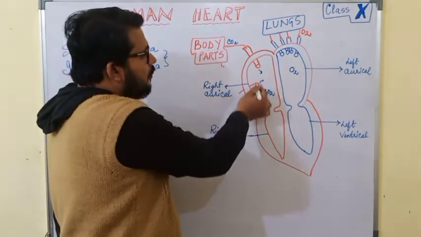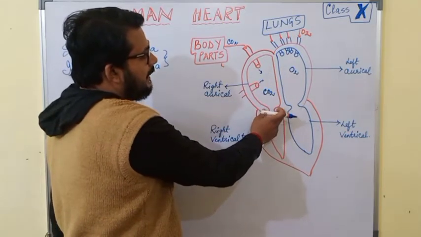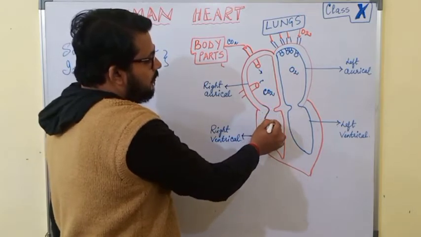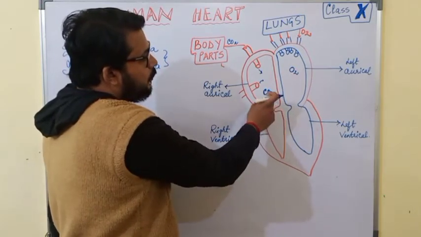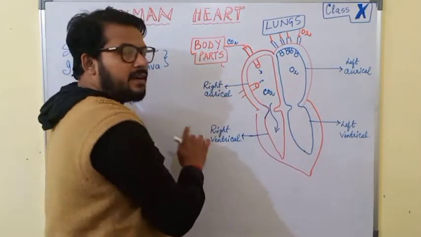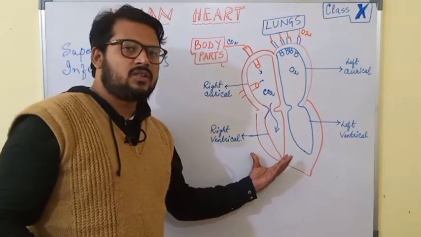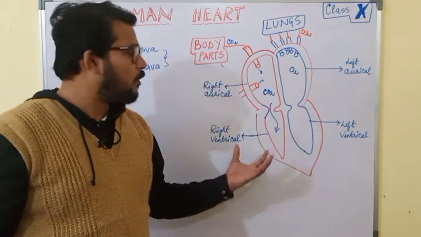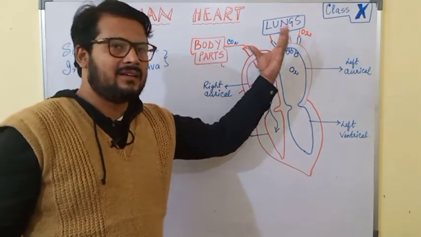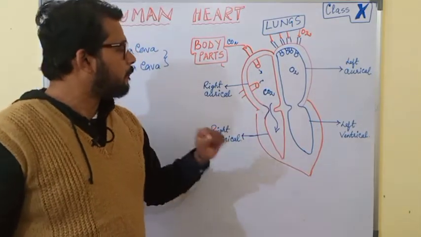Once the entire volume of this right auricle is filled up with deoxygenated blood, then these chambers are going to open. There are valves present between the two chambers. These valves are going to open, and the deoxygenated blood is going to come into the right ventricle. Right ventricles are comparatively more muscular than the auricles because they need to pump the blood against gravity towards the lungs. Hence, more muscular power is required.